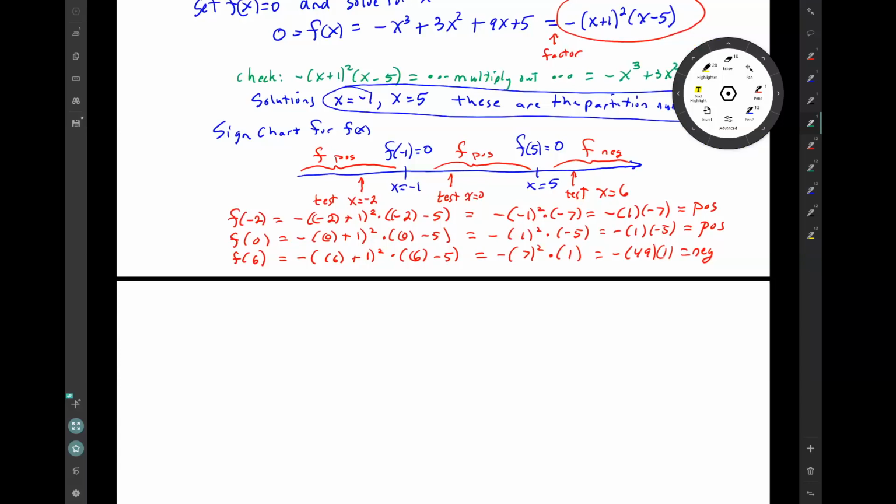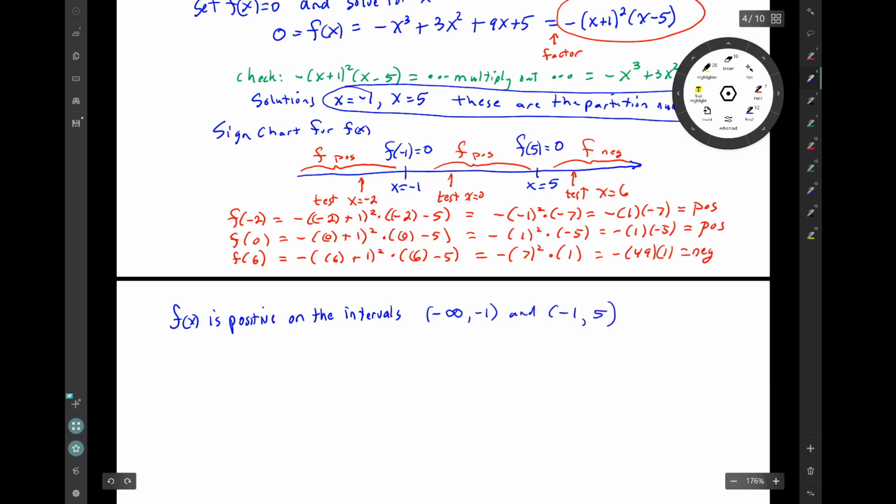So our conclusion is f of x is positive on those intervals. Now notice this symbol looks like it could be a point. It looks like it could be an xy pair, but it's not. It's an interval. Those are both x coordinates in that symbol. This symbol clearly could not be a point.